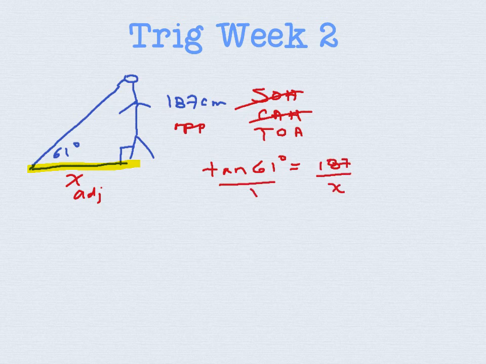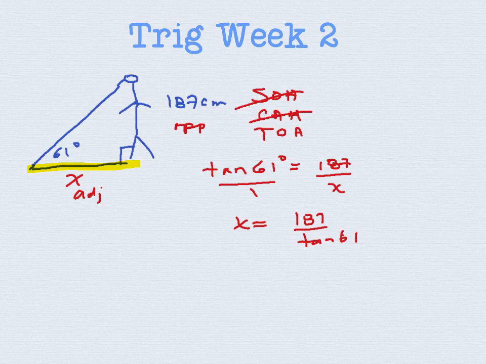If you set up your equation, tan of 61 over 1 equals 187 over x. To solve this question, you're going to cross multiply. Like all proportions, x is going to equal 187 times 1, which is 187, divided by the value for the tan of 61 degrees.